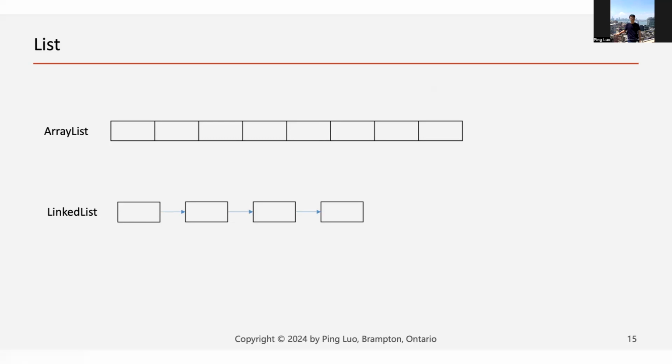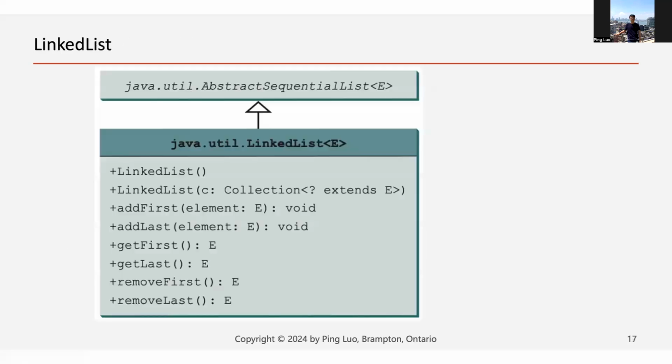Each kind of data structure has its own advantages. Some are fast at certain operations, others are quicker at other operations, so depending on the problem you want to solve, you can choose different data structures.